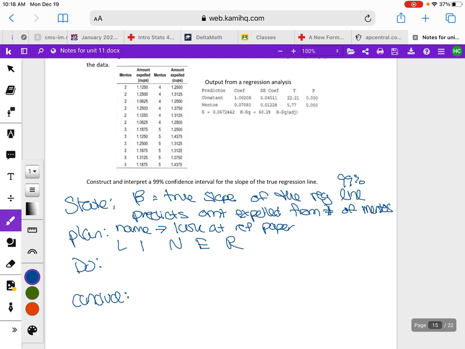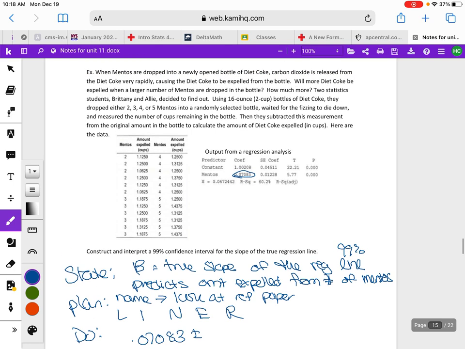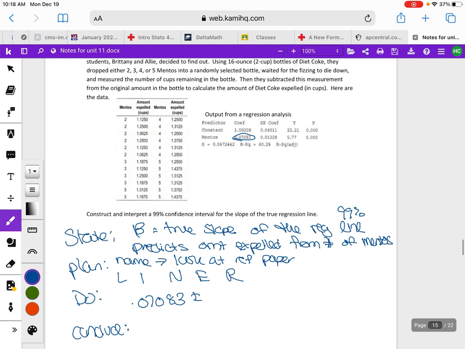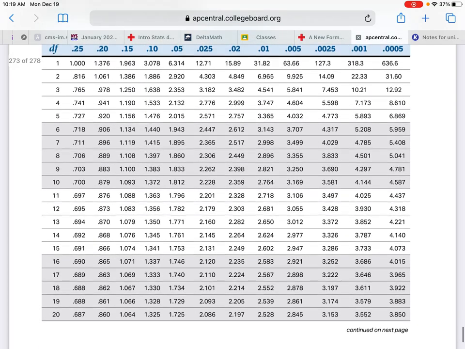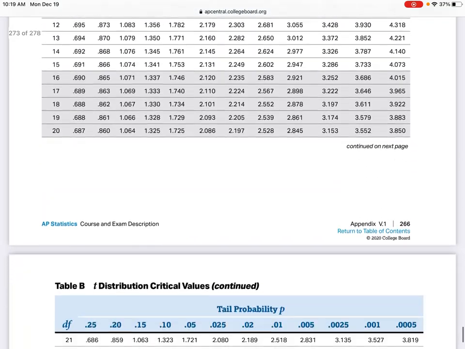For the do portion, you go up there, they gave you the slope, it's right there. So 0.07083 plus or minus your degrees of freedom here. We have how many Mentos were there? 24, maybe. So 22, so you would go to 22 on here, which they do have listed.